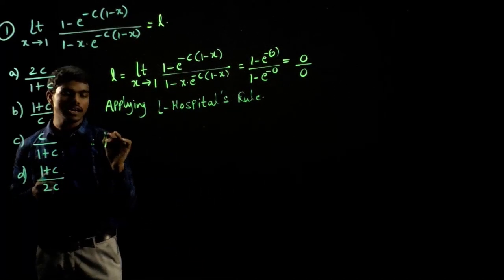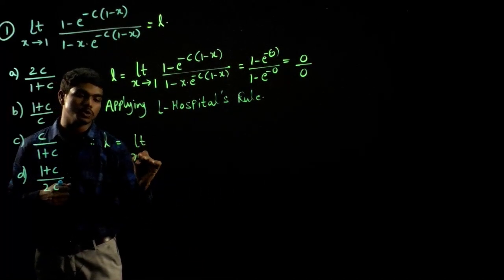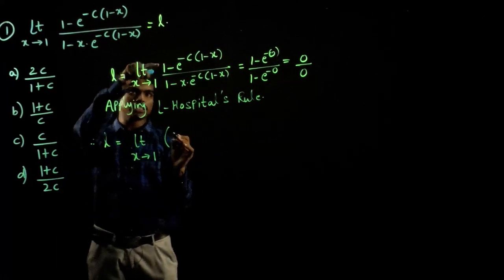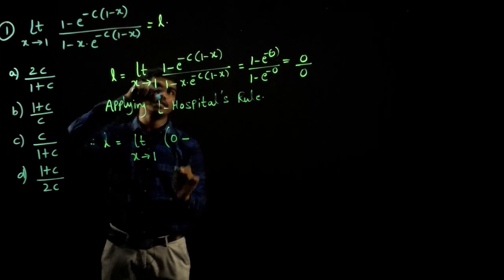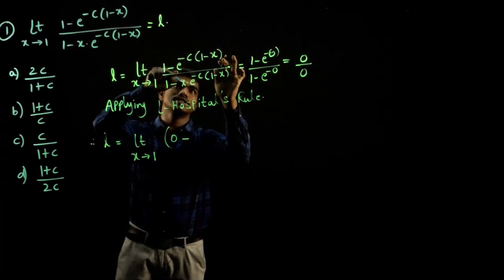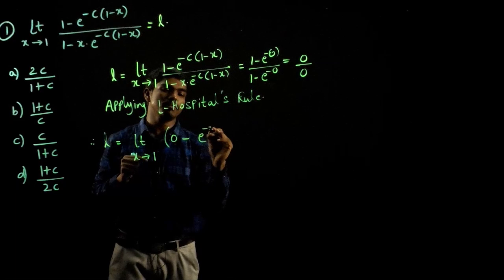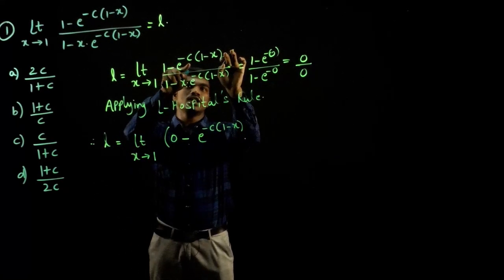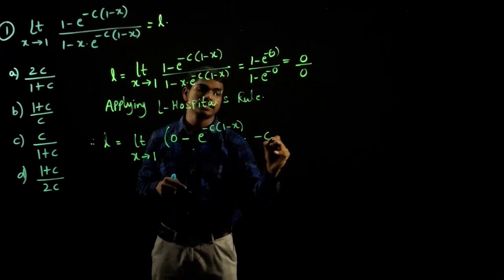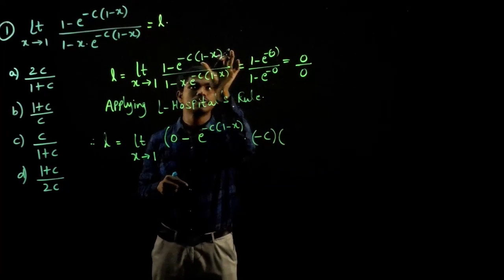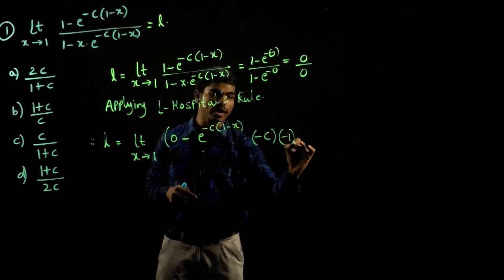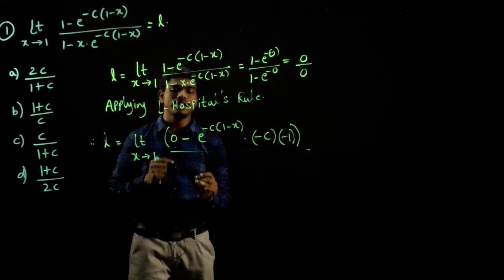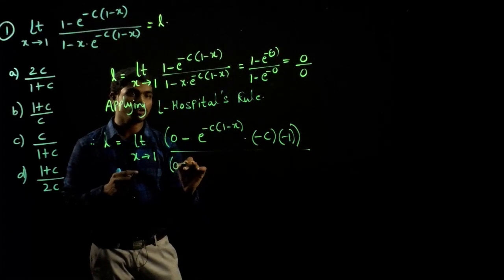Therefore L is equal to limit x tends to 1, differentiation of 1 is 0 minus differentiation of e power minus c into (1 minus x), which is e power minus c into (1 minus x) into the inner derivative minus c into the derivative of (1 minus x), which is minus 1, whole divided by, again differentiation of 1 is 0.